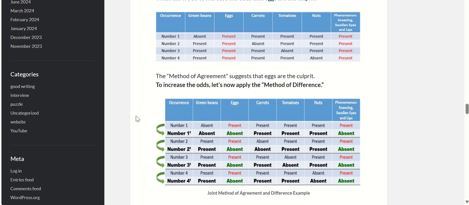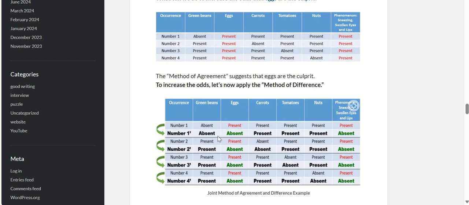Okay, so with occurrence 1, we see eggs are present, green beans are absent, carrots are present, tomatoes are present, nuts are present, and when the eggs are present, we have that phenomenon, right?